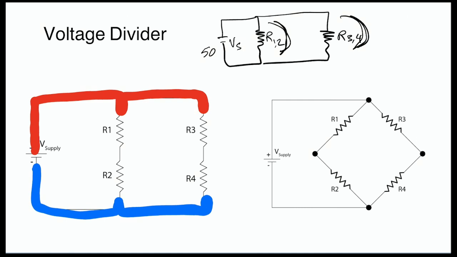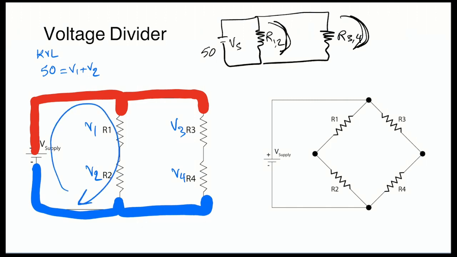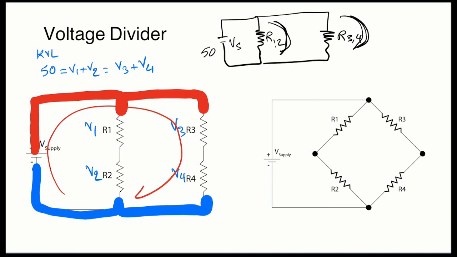So if I say V1, V2, V3 and V4 represent the voltage drops on each resistor, we know from Kirchhoff's voltage law that 50 is going to be equal to V1 plus V2 in this circuit here, and it's going to be equal to V3 plus V4 in another circuit that I'm going to represent with a red here.